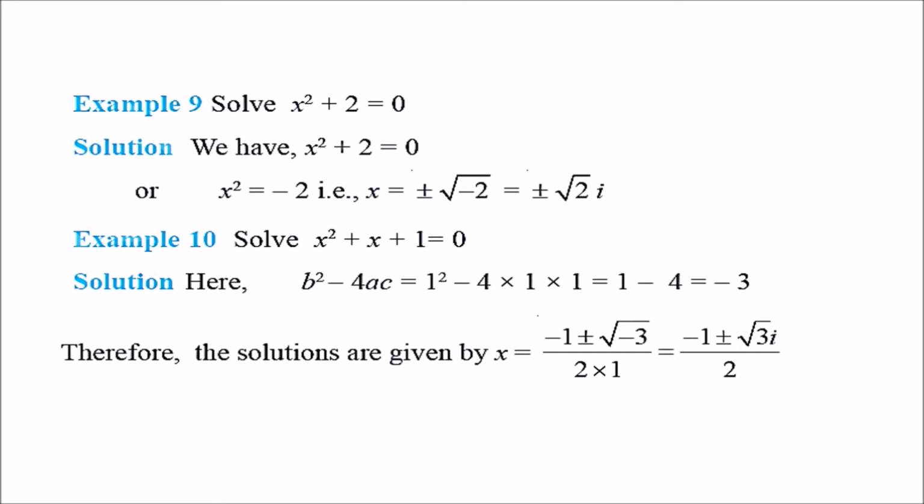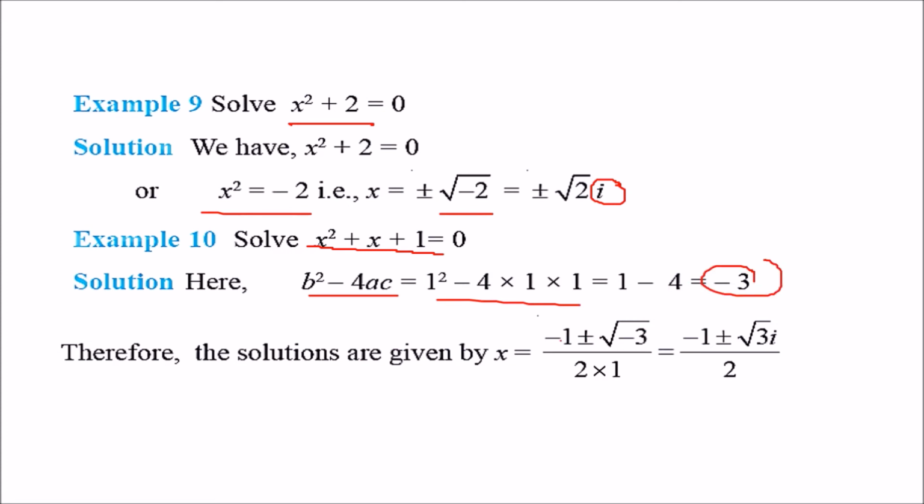Now let us solve with the help of what we have discussed. x square plus 2 equal to 0. So x square plus 2 equal to 0 means x square is equal to minus 2. So x is what? Plus minus under root minus 2, which is equal to plus minus root 2 i. What about x square plus x plus 1 equal to 0? Just find out b square minus 4ac. b square minus 4ac is what? 1 minus 4, that is minus 3.